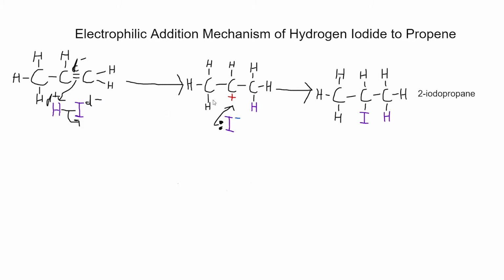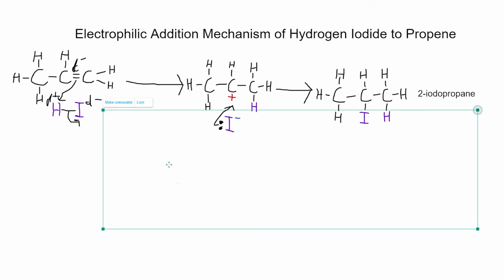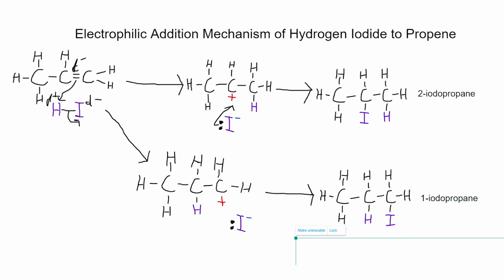If we go back to the second step of the mechanism, what if, when the carbon-carbon double bond broke, it was the other carbon atom here that bonded with the hydrogen? Well, we can write a reaction for that too, and follow it all the way through. And in that case, we're left with the product 1-iodopropane.